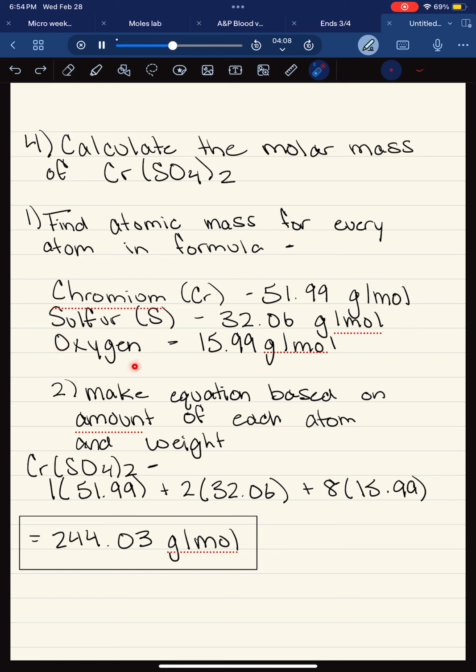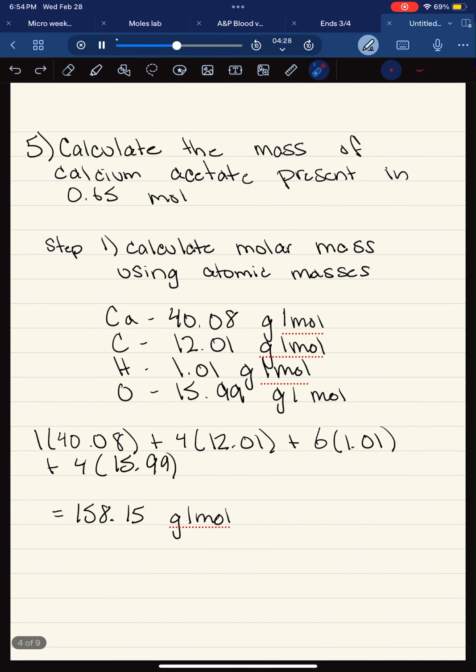And then we're going to make an equation based off of the amount of each atom's weight. So we have 1 of the 51.99 plus 2 of the 32.06 plus 8 of the 15.99, which gives us a total of 244.03 grams per mole.